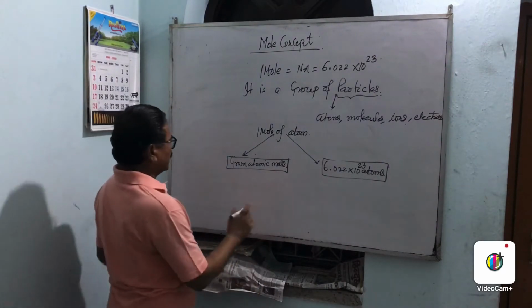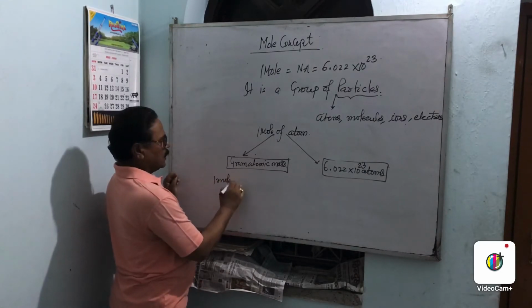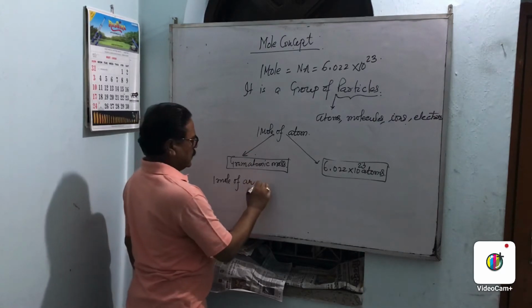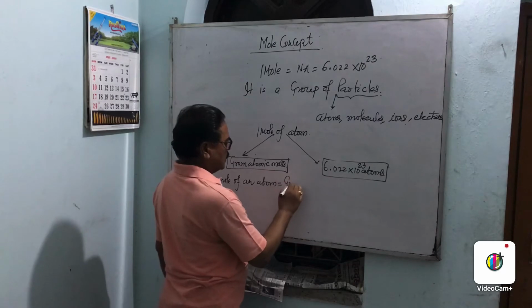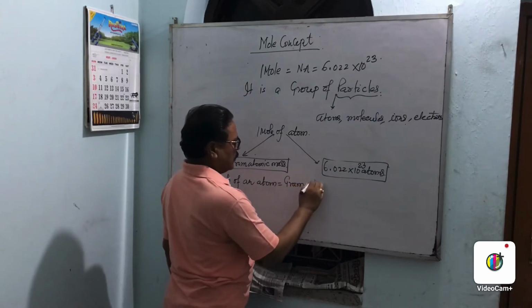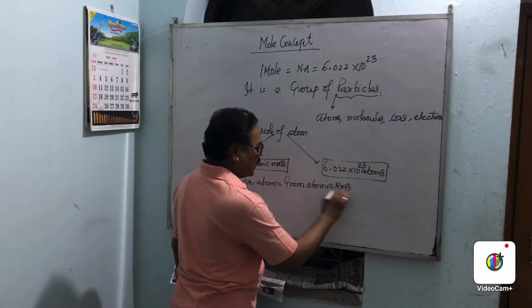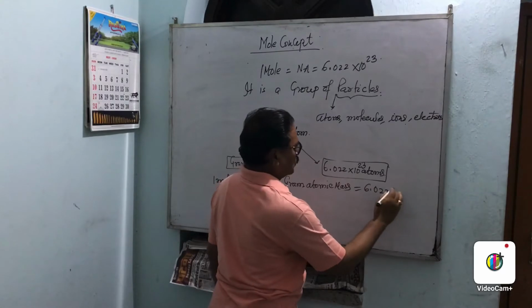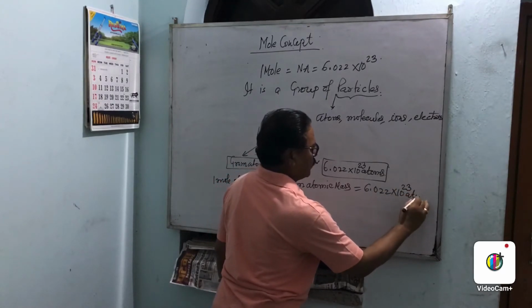So we can write that 1 mole of an atom is equal to gram atomic mass, and is equal to 6.022 into 10 to the power 23 atoms.